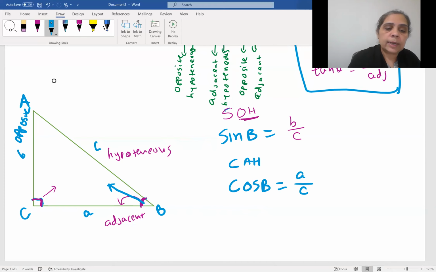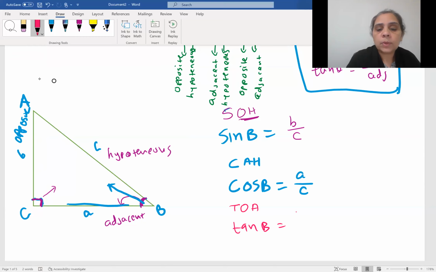And the third function is tangent. Tangent B is SOHCAHTOA, so O stands for opposite, which is b, and A stands for adjacent, which is a.